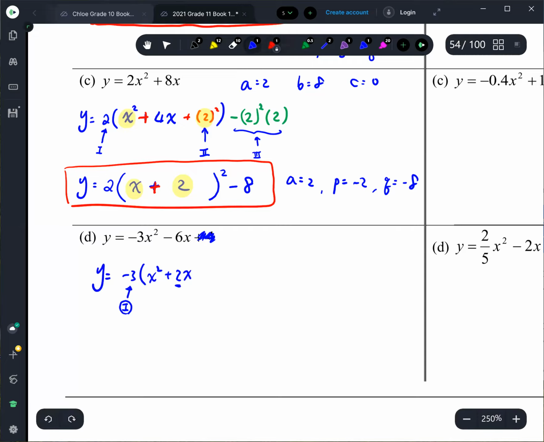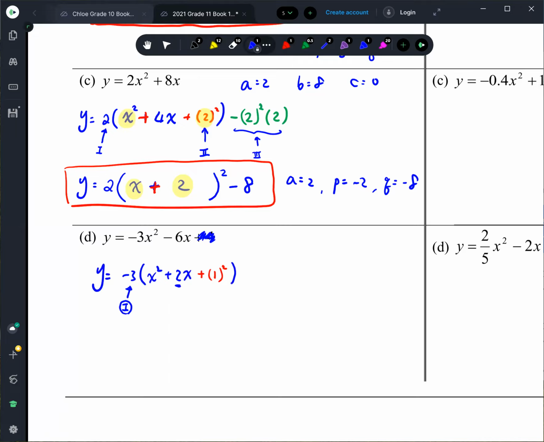Okay, so what do we do with the 1? We put it on the right side of the 2x, so like plus 1 in squared brackets. Yeah, very good. Okay, always plus. So that's your step 2: divide by 2, then put the number there and put a square around it, right?